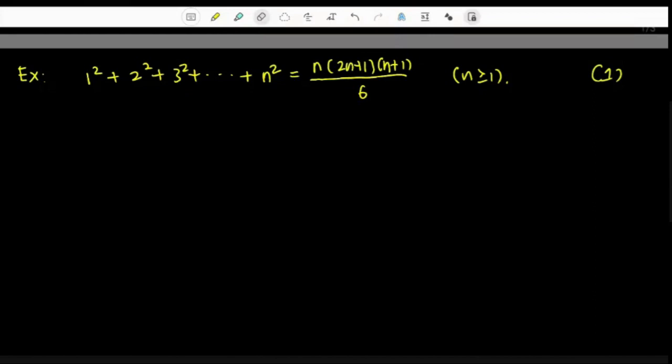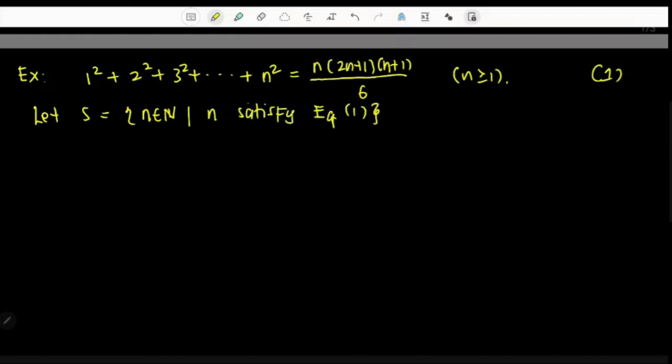So what we're going to do is create a set S containing all natural numbers satisfying this equation. So let S be the set containing all natural numbers n such that n satisfies equation 1.